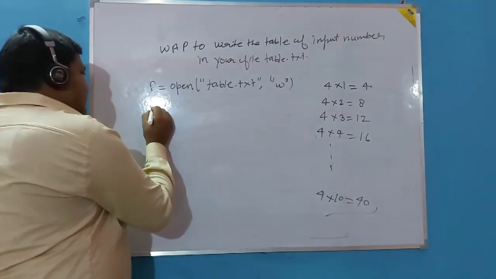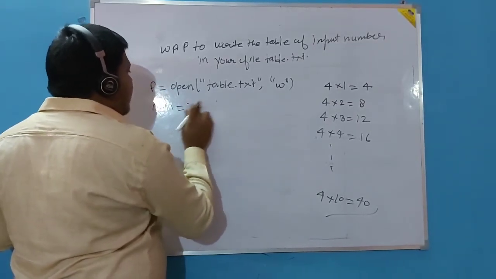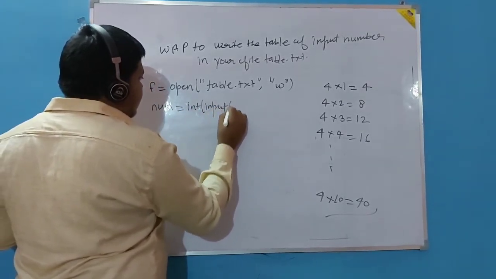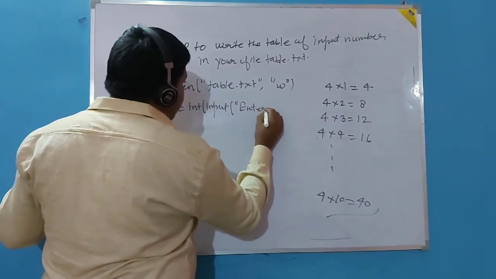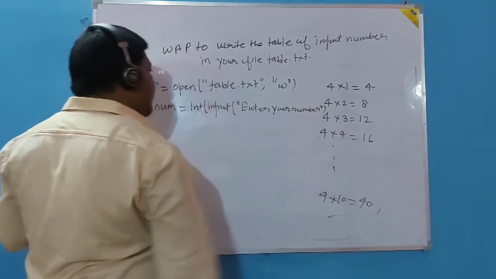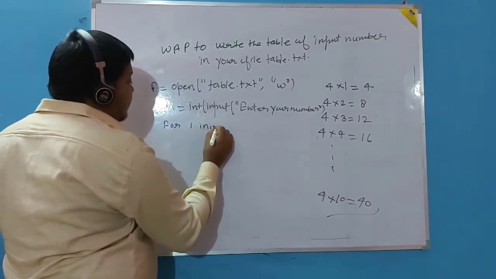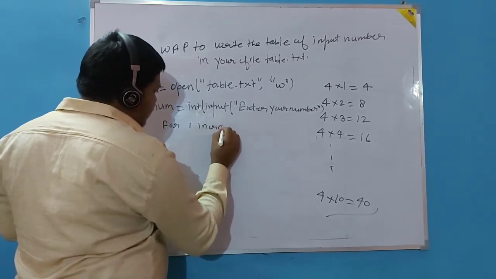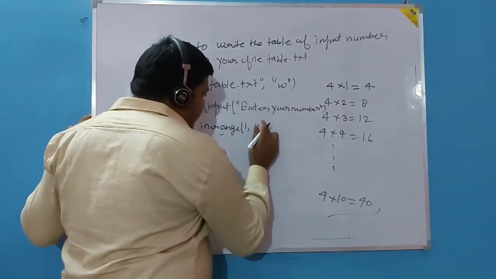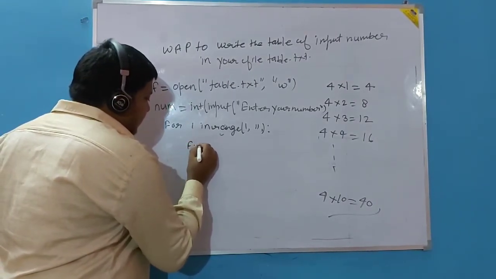Clear. Then num is equal to int(input), enter your number, clear, and then I will use the for loop: for i in range, start from 1, it has to go up to 11, and we have to write here f.write.